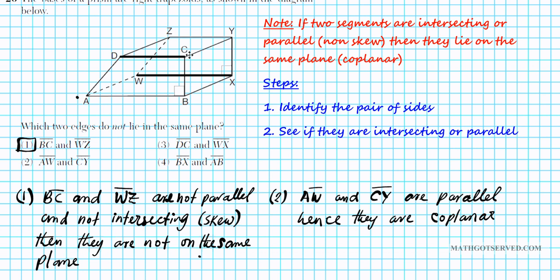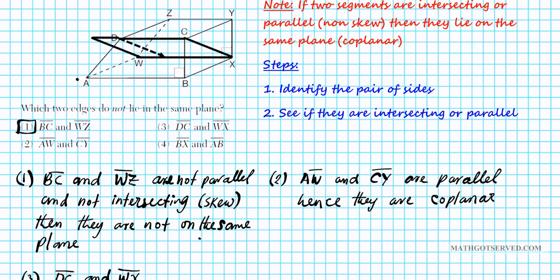Okay, they are coplanar. Let me draw the plane for you so you have that nice little plane right there. Let's make this a dotted line. And then this one can go over there. And if you want, you can extend the plane so that you see that plane that fits perfectly through it. So you see that's the plane that contains the two sides. The fact that they're parallel is sufficient for us to conclude that they are coplanar.